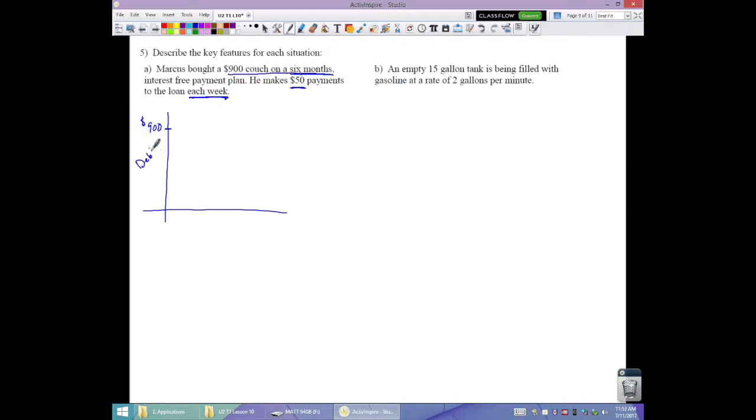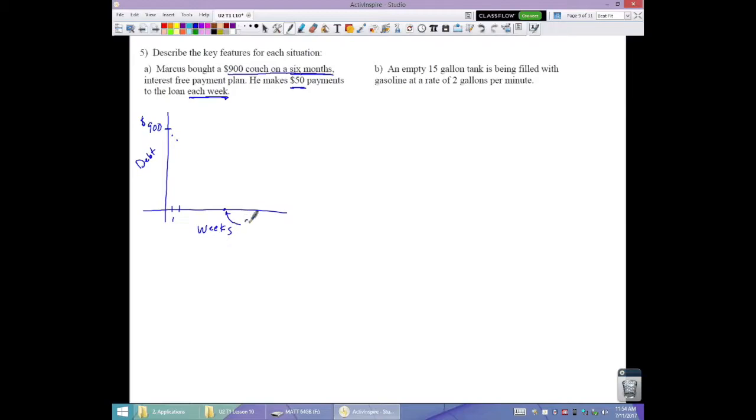This is my debt. And since I'm making payments each week, I would want to put weeks as my X value, and this would go down $50 at a time. So after 1 week, it would be at $850. After 2 weeks, it would be at $800, and so on, eventually reaching 0.